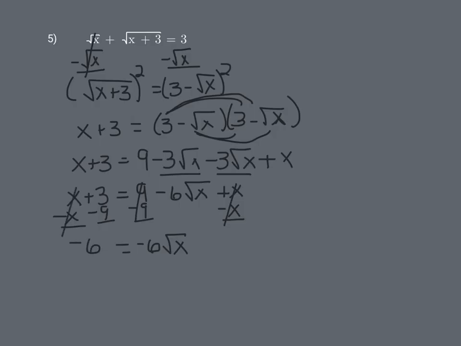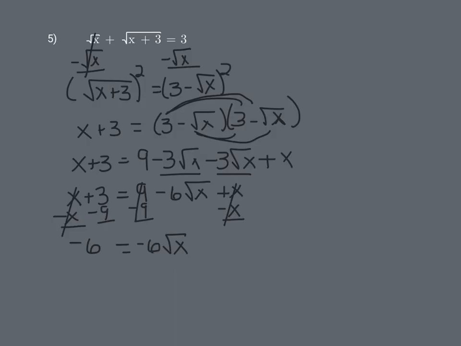Now, from this step, it's up to you. If you want to completely isolate the radical, you can divide both sides right here by this negative 6, and you'll get the radical by itself. But if you decide to square both sides of the equation at this point, you can totally do that, even if there's a number being multiplied in front of your radical. So that's up to you.